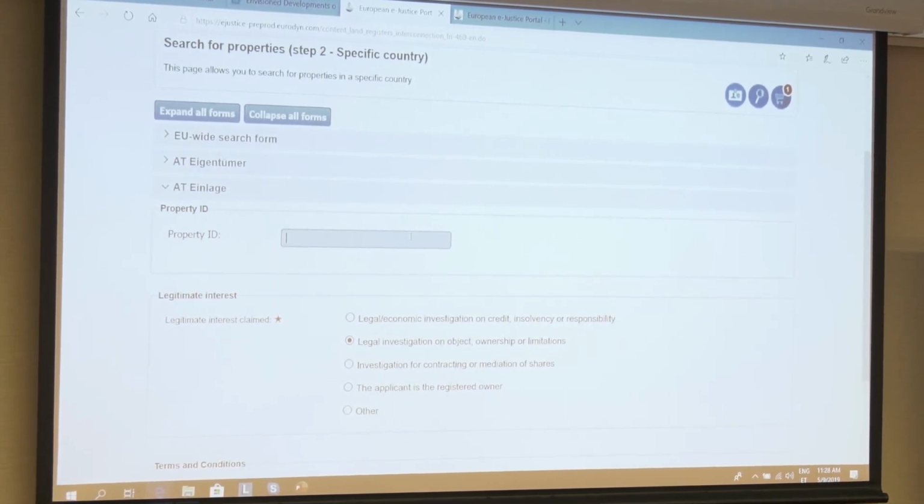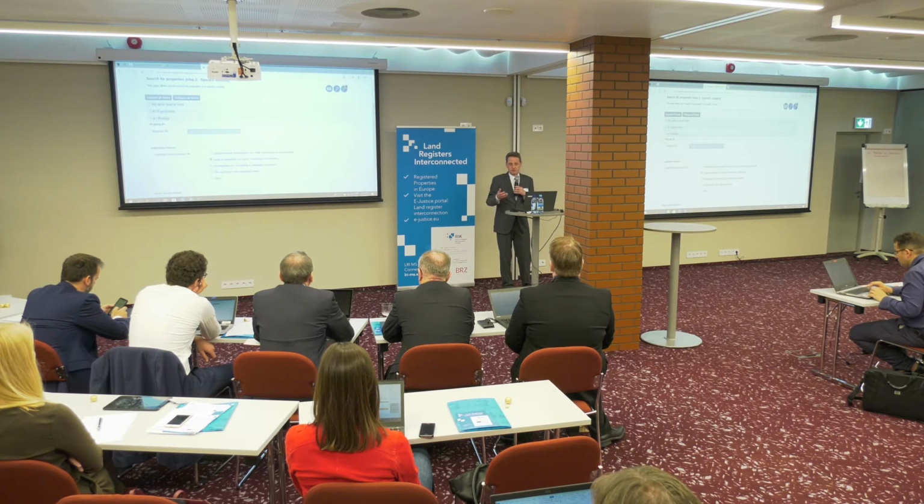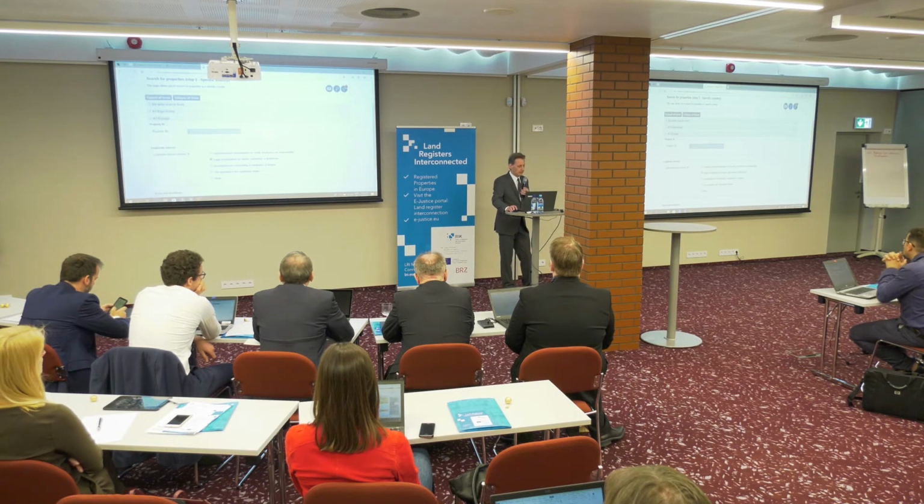If you already know the ID of your property, because you are a notary and have your papers in front of you, why not have the possibility to search just for this ID?